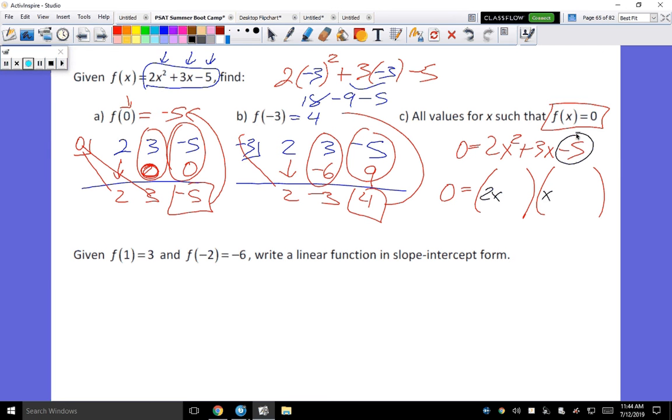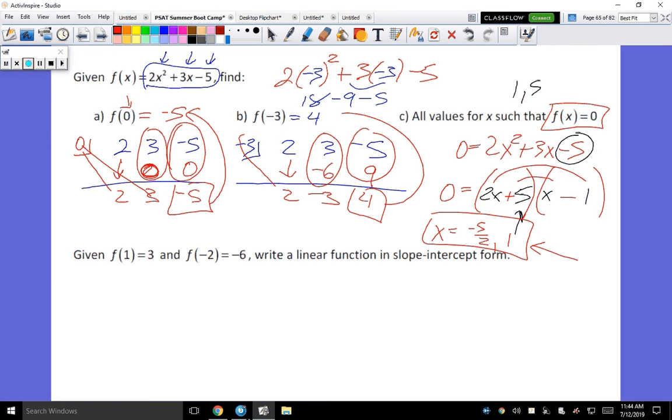Factors of 5? 5 and 1. Where should the 5 go? Here? Okay, with the 2x. And then last but not least, +5, -2. Do you see it? So now x will equal -5/2 and 1.